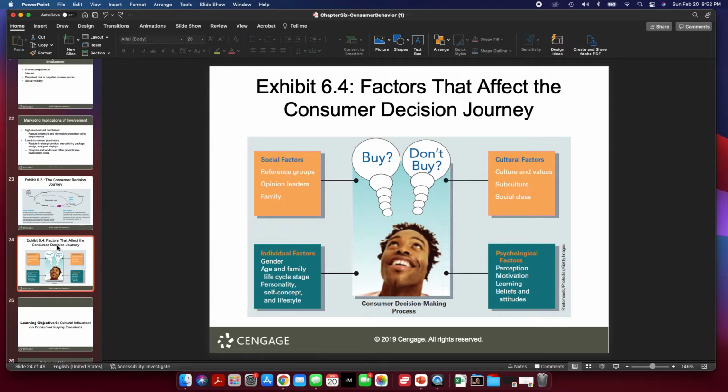Individual factors, how old you are, your age and gender, your personality. Psychological factors, like how you perceive yourself, how you learn and how you research things, your beliefs and attitudes as a person. In addition, cultural factors, such as your social class, can even affect purchases, right? Your values and culture can affect those.